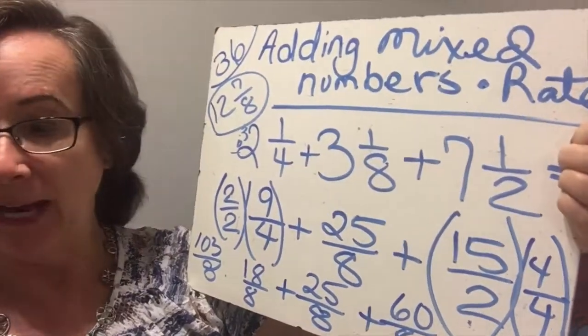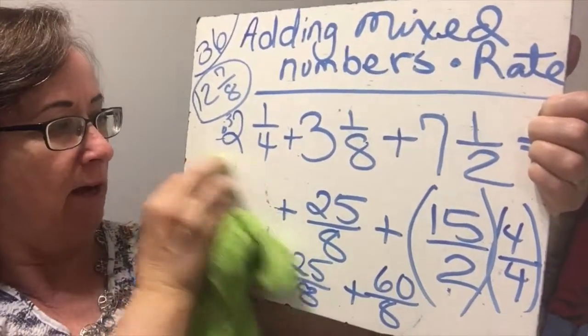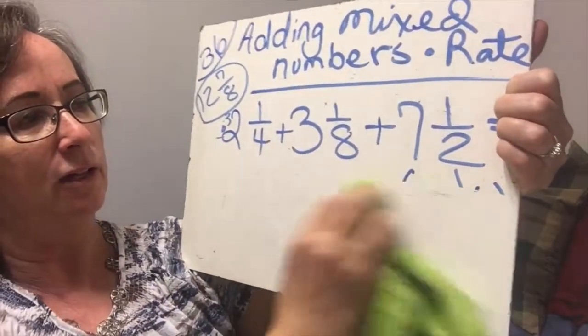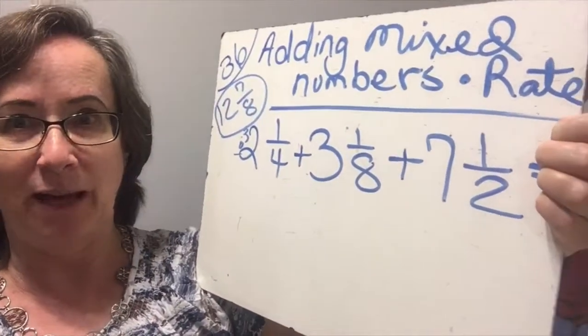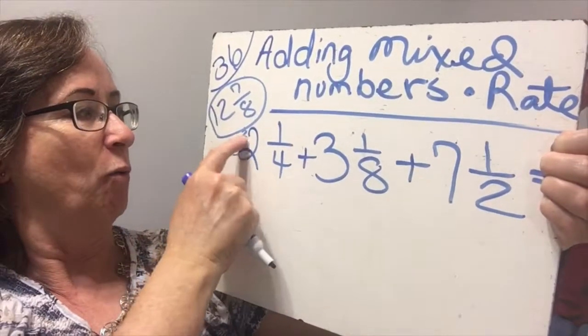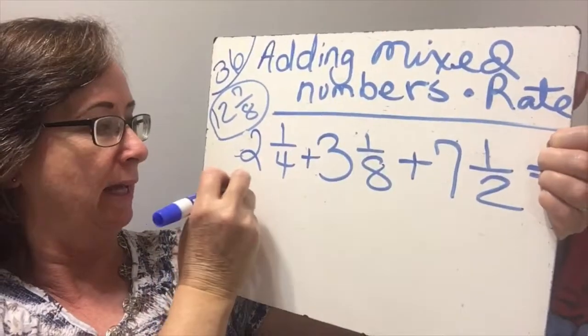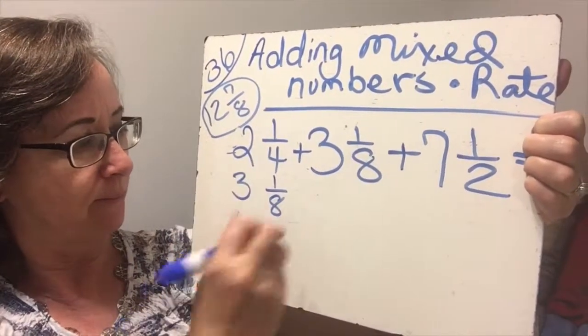Okay, so now we're going to get rid of all of this, and we're going to go back to the original problem. Now we're going to do it the easy way. Okay, so watch carefully. We're going to put the 3 and 1/8 underneath this one.